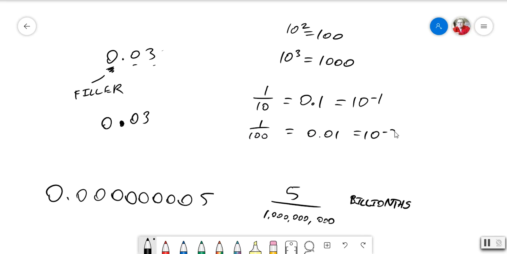That's 10 to the negative 2. 0.001 is thousandths: tenths, hundredths, thousandths. So we get negative 3, then negative 2, then negative 1. It's a little bit different in that respect from the way it is with whole numbers.